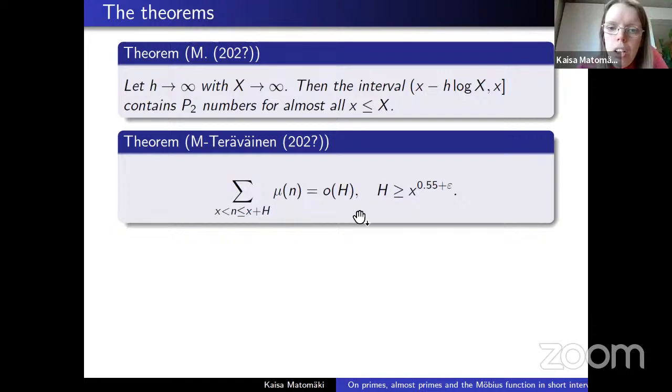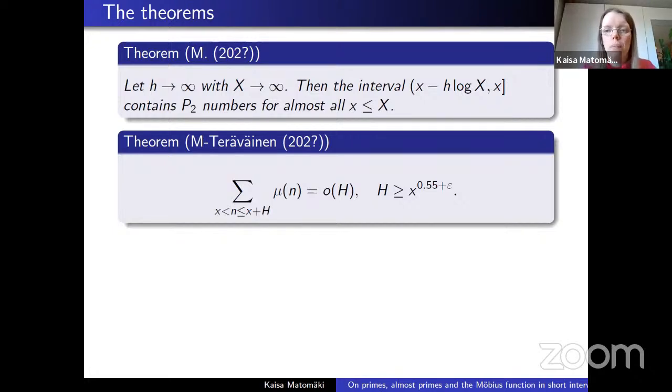And again, the limit of all the methods we know is at x^{1/2}, because the Riemann hypothesis only gets us down to x^{1/2}, but it's expected that the Möbius function has cancellation in very, very short intervals.